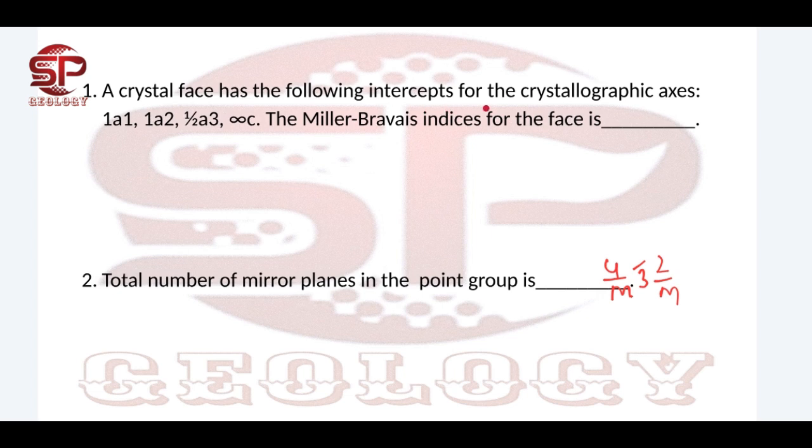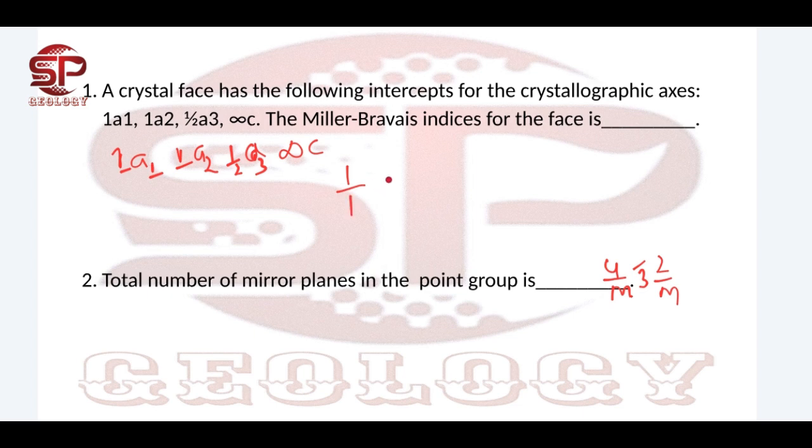Then, the crystal phase has the following intercepts to the crystallographic axes: 1A1, 1A2, half A3, infinite C. You have to calculate the Miller-Bravais indices for this phase.